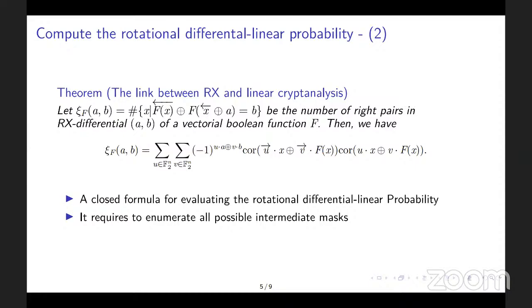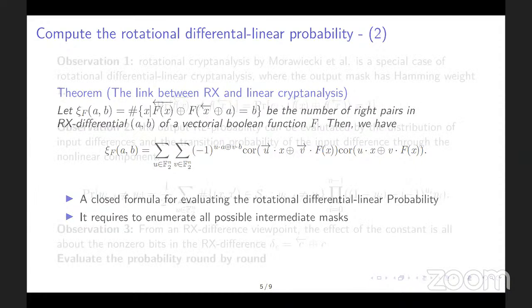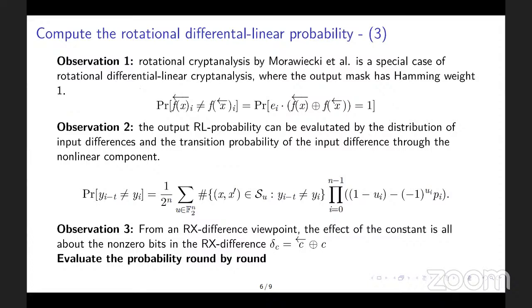And next, we proposed a third approach to compute the rotational differential linear probability round by round. So first, we observed that the previous rotational distinguisher on Keccak-f was a special case of rotational differential linear where the output mask is 1 bit. And then our second observation is that the probability of the output bits being unequal through a Boolean function can be predicted by the following formula here.